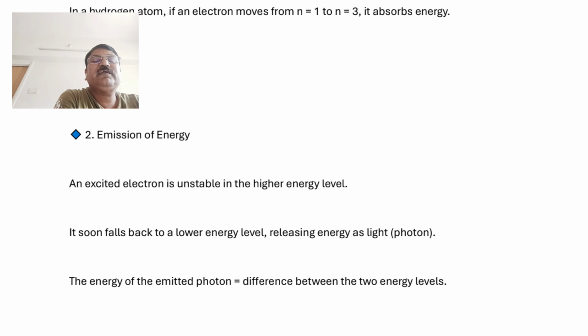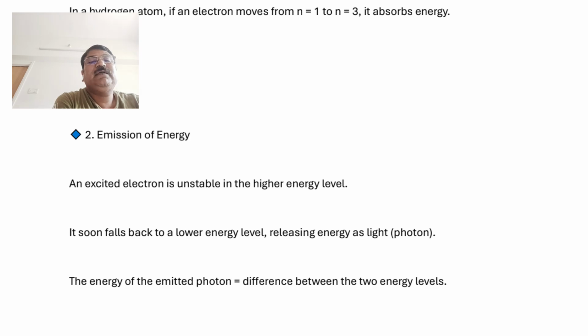Those electrons which are excited, that is, they have already jumped from a lower energy level to a higher energy level, and as they are present in the higher energy level, if they immediately fall back to the lower energy level, and at that time they release some of the energy in the form of light or in the form of photon, then such type of energy transfer is called emission of energy.